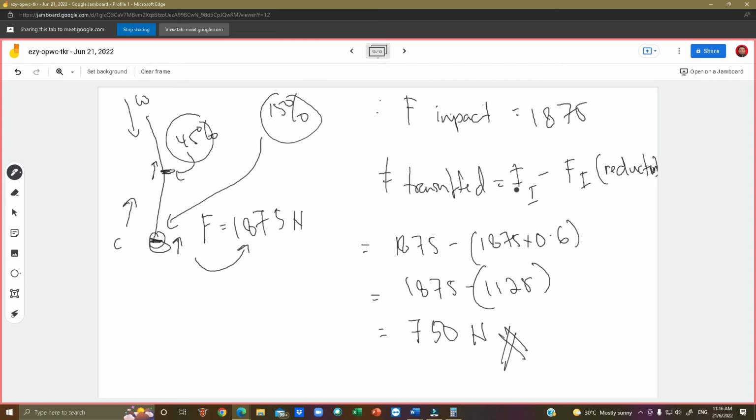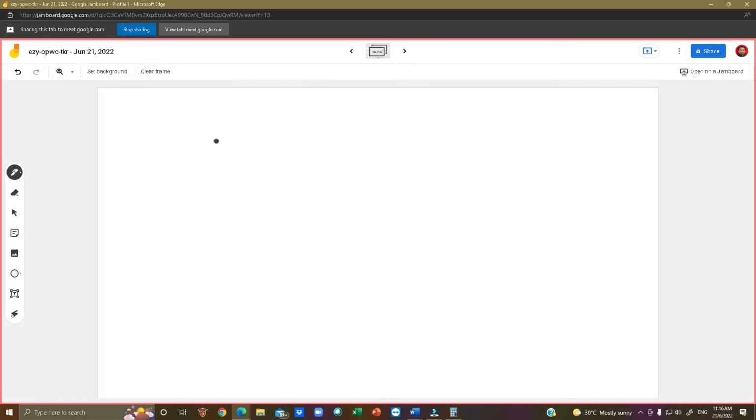Dapat, sir. Okay, so force impact tolak dengan reduction, and then you're going to get balance. So balance tu lah dia punya force transmitted to the femur. Tadi kita dapat 1875, sampai dekat femur hanya 750 Newton. Okay. Alright. Next one.